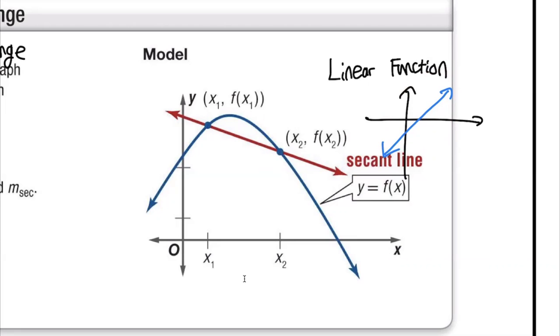However, if you take a look at this nonlinear graph, the rate of change differs. For instance, the rate of change here and the rate of change here is different, right? How can you know that? When we were finding the rate of change of linear functions, we just took any 2 points and subtracted the y values over the subtraction of x values, right?